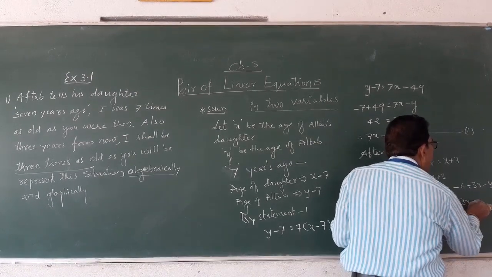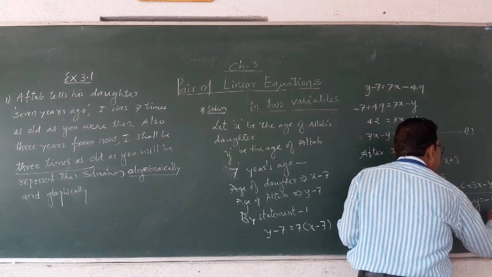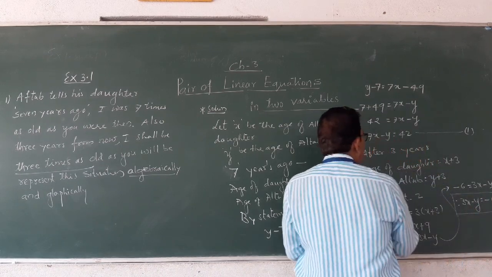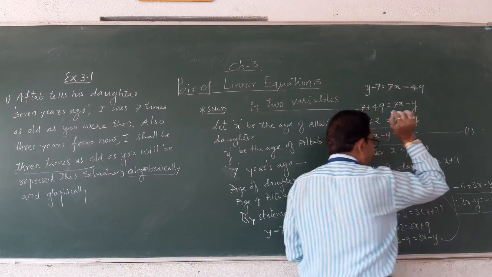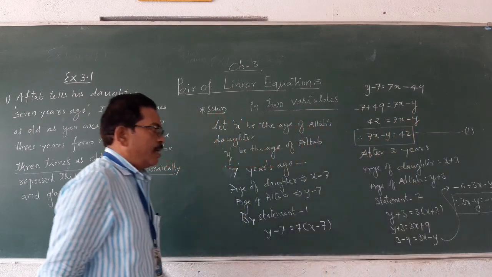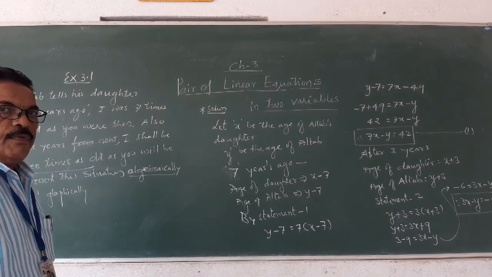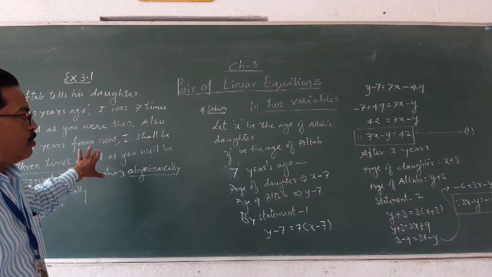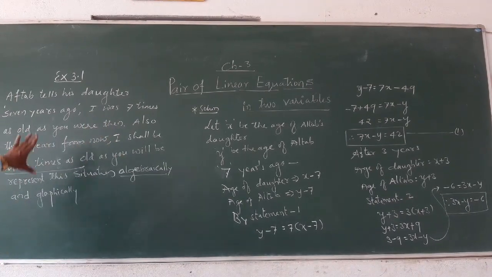Therefore, 3x minus y equals minus 6 is the second equation. This one is the first equation. See the solution, how we have solved considering this example.